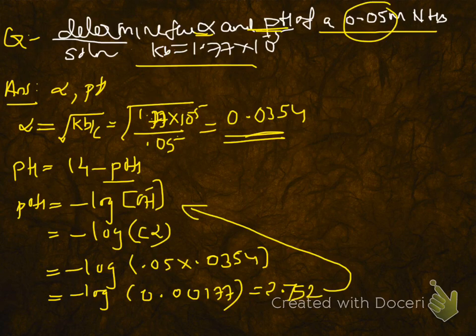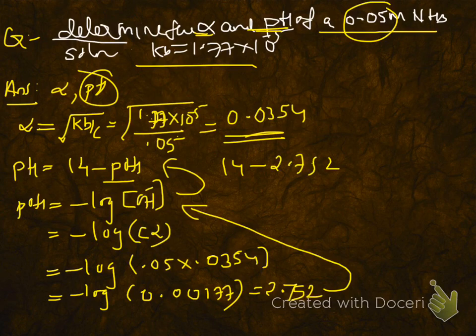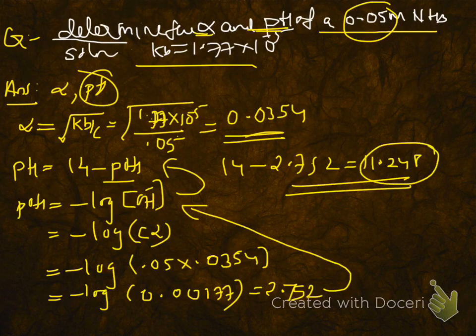This is the value of pOH, but actually you have been asked to find the value of pH. Then we substitute pOH here: 14 minus 2.752, that is 11.248. This is the pH. So we have obtained alpha as well as pH. Okay, thank you.